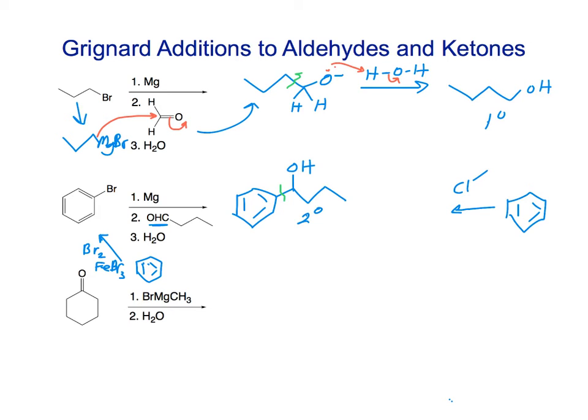Yep, exactly right. We could do a Friedel-Crafts acylation, right, which would form the ketone at that position. And then, because we have a ketone now, we could reduce the ketone with a hydride reducing agent.